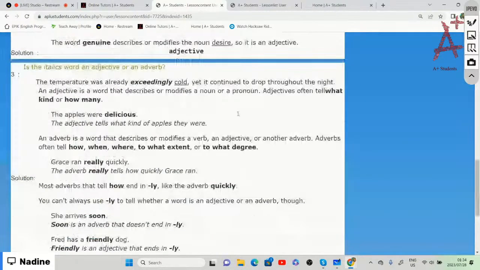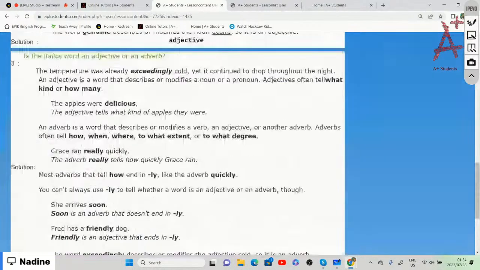The temperature was already exceedingly cold, yet it continued to drop throughout the night. Exceedingly cold. We need to say whether it is an adjective or an adverb, by specifically looking at the word exceedingly.